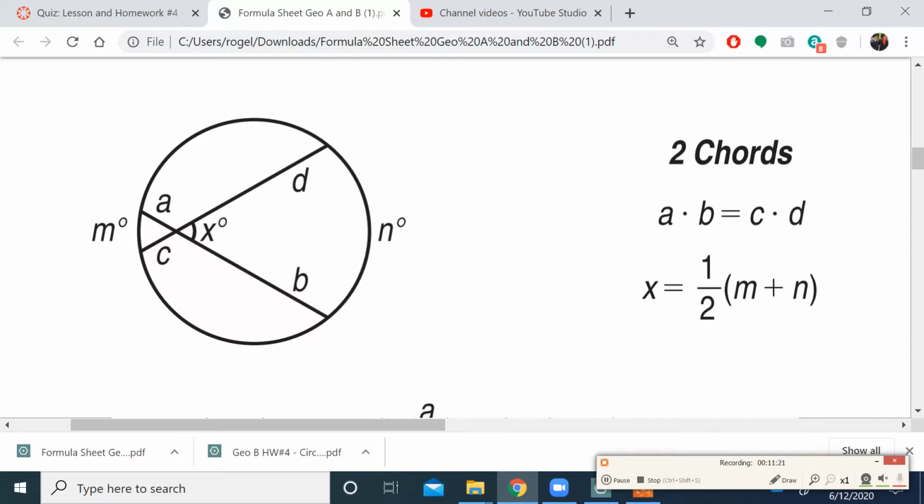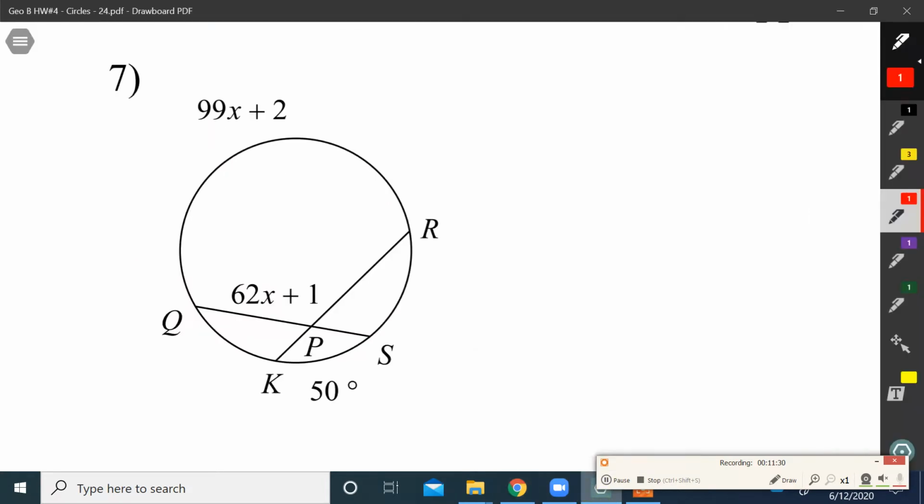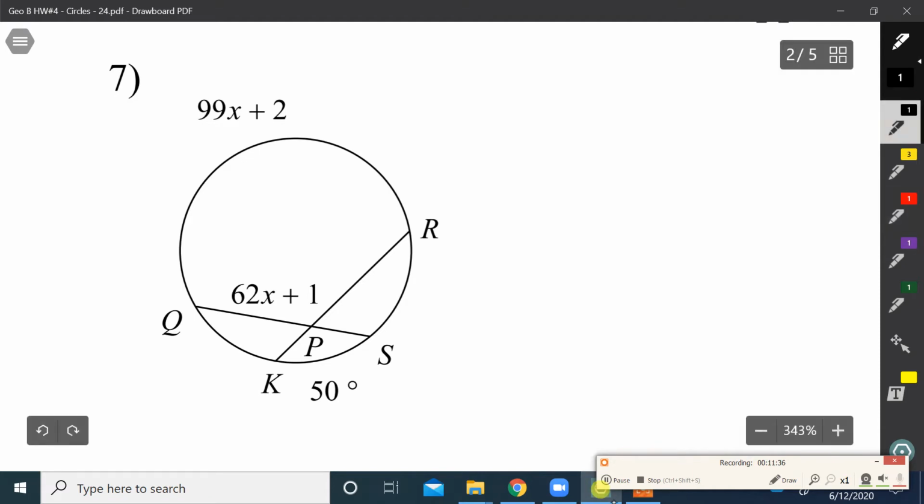Okay, let's see if I can do it now. So for this one, we're going to use this formula, 2 chords. Again, I'm seeing the formulas on another computer, but the formula was this: x is equal to half of m plus n.